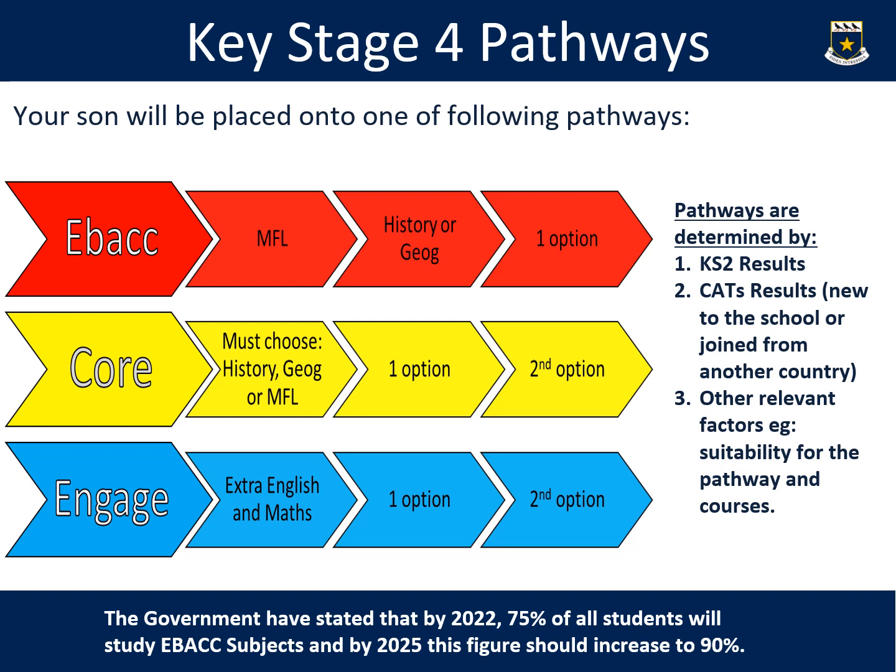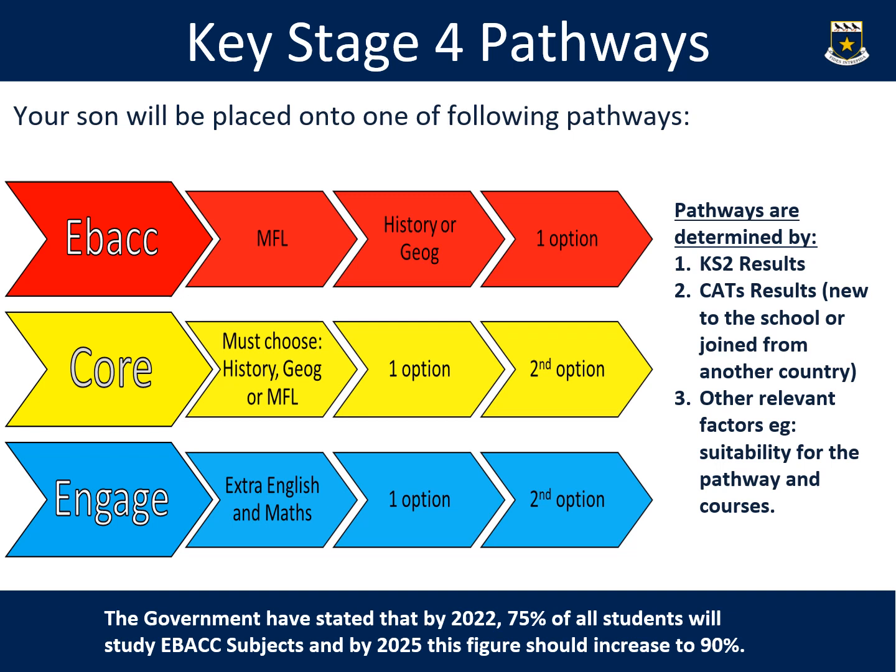So if your son did Spanish in years 7, 8 and 9, the expectation is that they would then choose Spanish for Key Stage 4. Because they haven't done Mandarin at Key Stage 3, we would not recommend that they do Mandarin at Key Stage 4. Then they would have the humanities of choosing either a history or geography, and then one other option of their choice from the list of subjects mentioned previously.